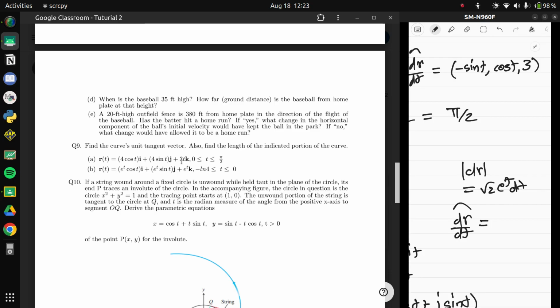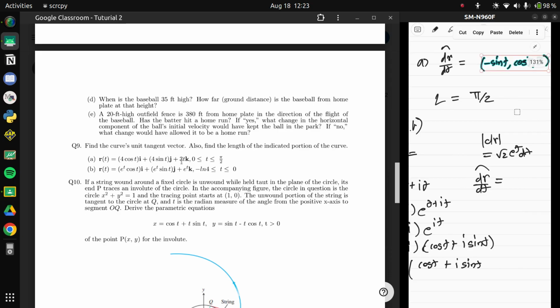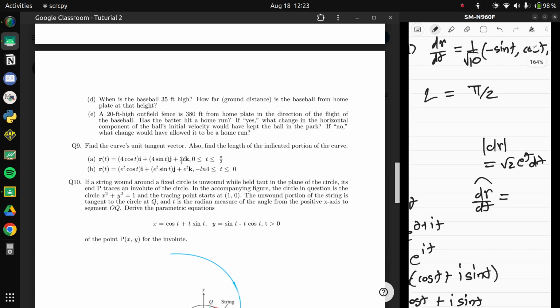That's going to be square root of 9 plus 1, 10. So this whole thing upon square root of 10. Not a very nice thing, but fine. We can still figure out the magnitude and all that.